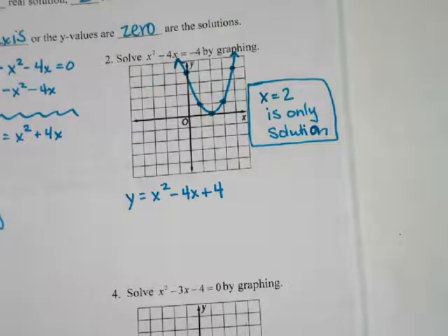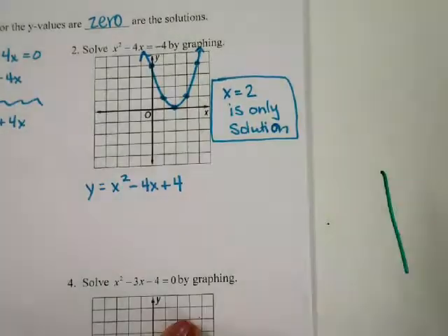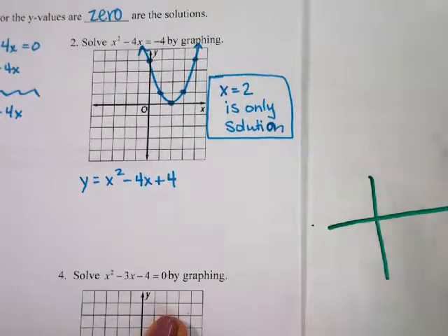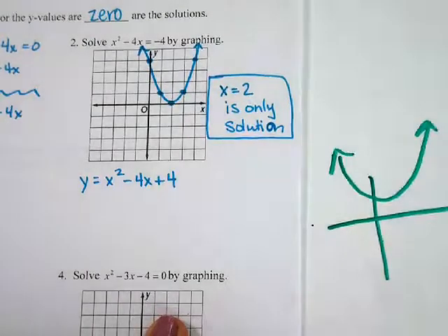Right, he doesn't cross the x-axis at all. So if I have a graph like this, and he opens up, does that guy touch my x-axis? No, he doesn't have any real roots.